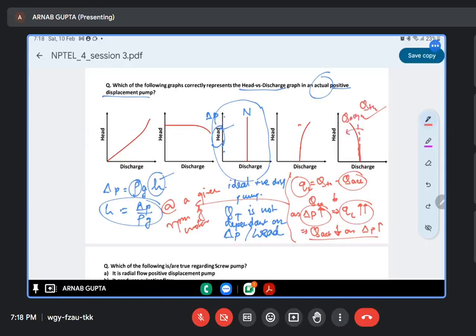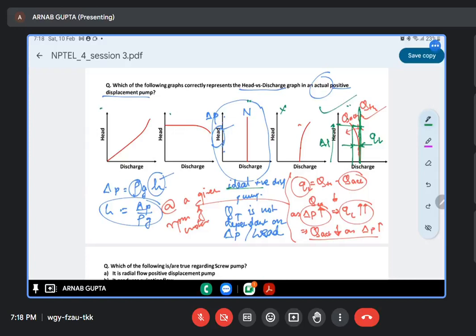I should have marked it using a different color. This is your theoretical and this is your actual. This particular deviation at a given pressure, say delta P, is the particular value of QL, right? This is not correct, and this is for an ideal pump. So this is the correct option, and these two are incorrect.